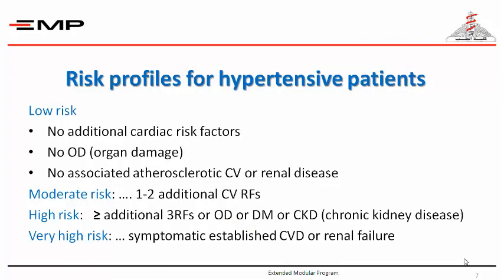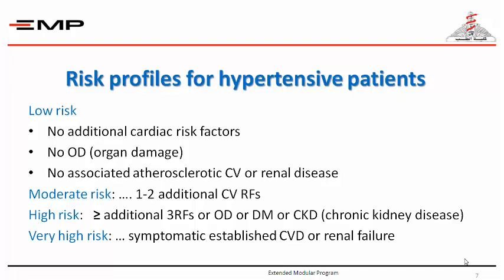The risk profile for hypertensive patients: we can say that a low-risk patient has no additional cardiac risk factors, has no organ damage, and no associated atherosclerotic cardiovascular or renal disease. Moderate risk patients are those who have 1 to 2 additional cardiovascular risk factors.